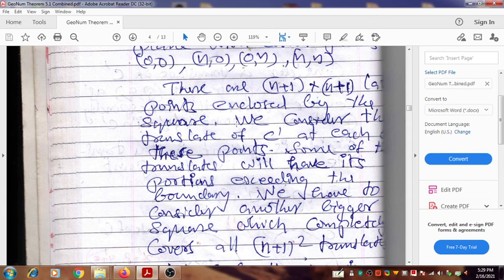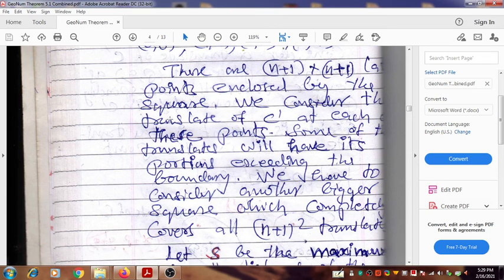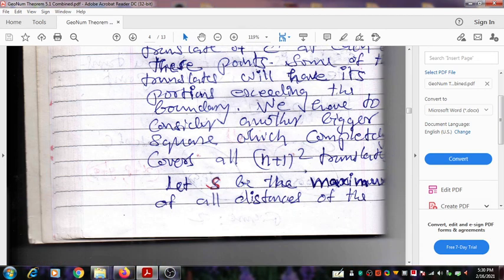And we consider the translate of C prime at each of these points, and some of the translates will have portions exceeding the boundary. What does it mean, exceeding the boundary? You can see.